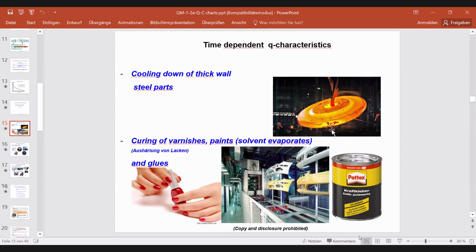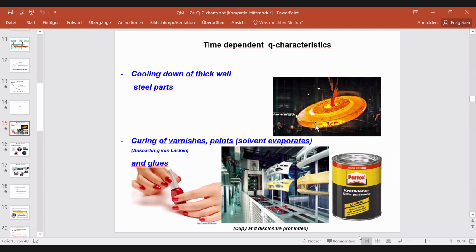If these parts are reaching room temperature, maybe they have a temperature of 1,500 degrees Celsius, and they are very thick, so it lasts hours or maybe more than a day until these parts are cooled down to room temperature, and you can measure dimensions or whatever other properties, other quality characteristics on the part after cooling down to room temperature.